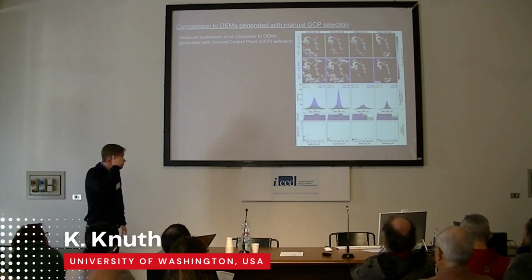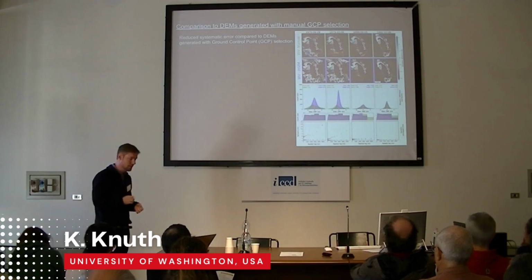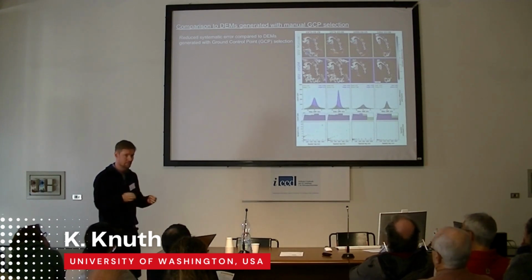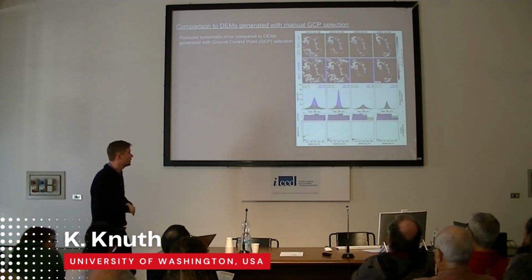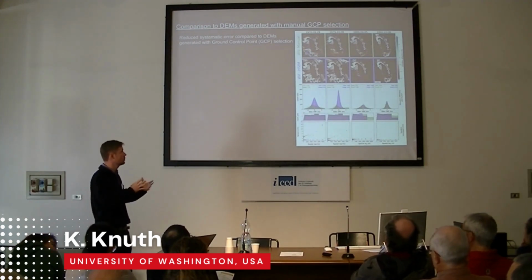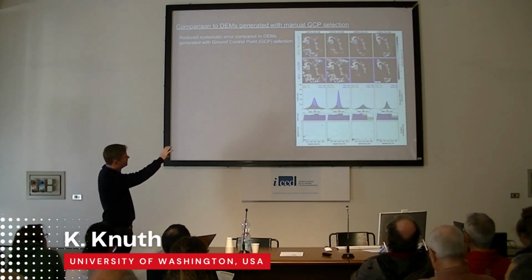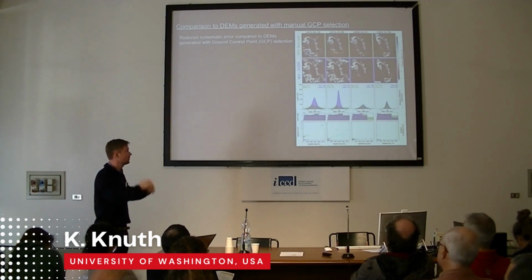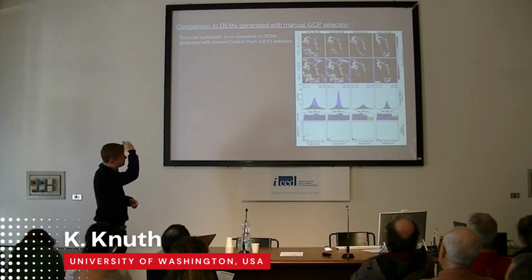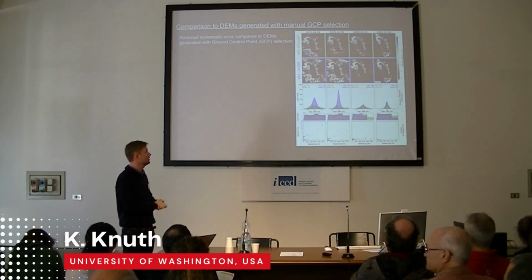It's also worth mentioning that you can introduce error if you aren't careful when you manually pick ground control points. Right? So if we have a free-floating multi-temporal bundle adjustment, we show here in the purple panel, that's the second row, that our results are quite good. The residuals are very small over stable ground. Everything looks white. And on the top, we compared that to DEMs created from the same images with manually selected GCPs.